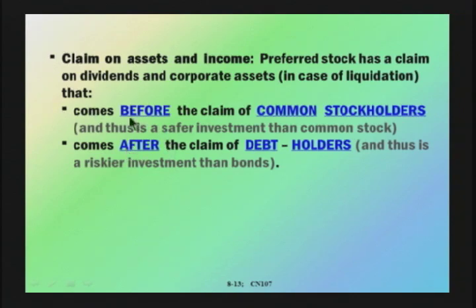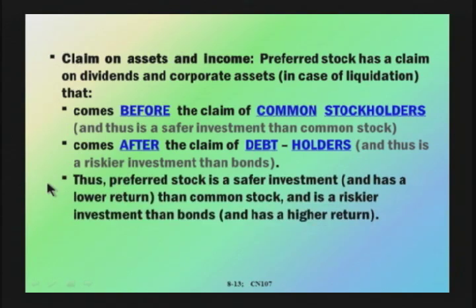However, the preferred does come after the debt holders. So the debt holders have a priority claim, the common stockholders have that residual claim on what's left over. The preferred stock would come in between the two. So preferred is safer than common and riskier than debt.